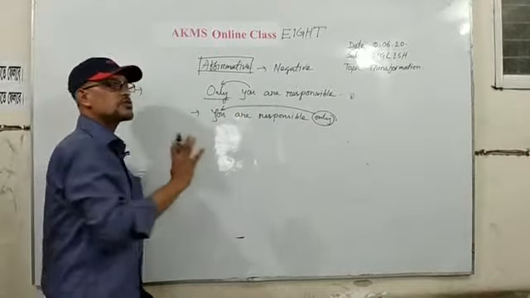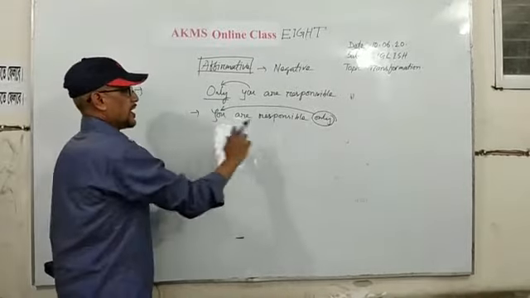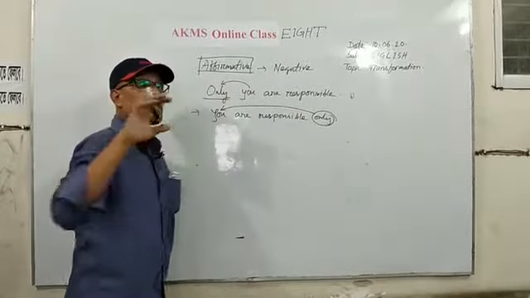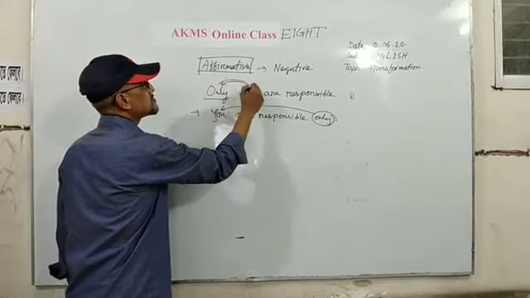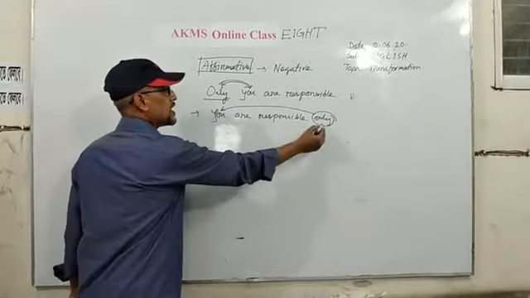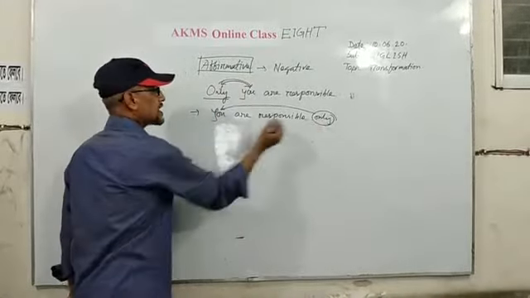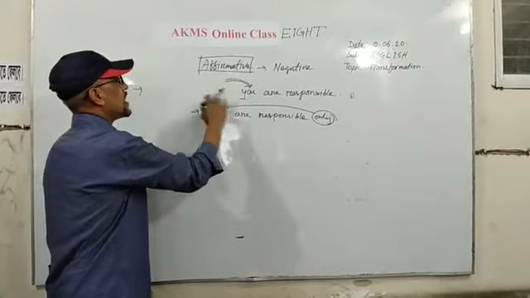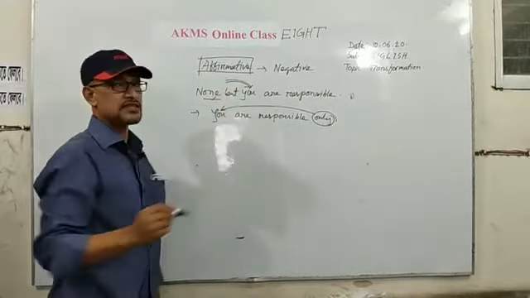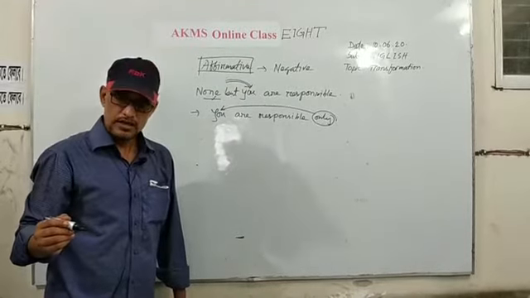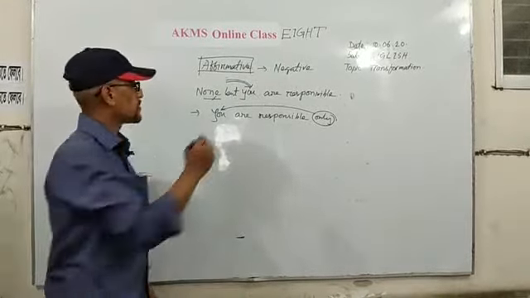Now, if you want to make it negative and you have clearly understood that this only indicates this person, then you should omit this only from the affirmative sentence. And you will use none but before the person to make this sentence into negative.